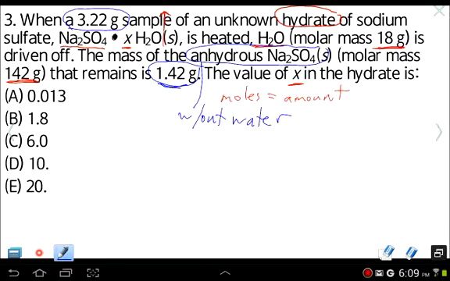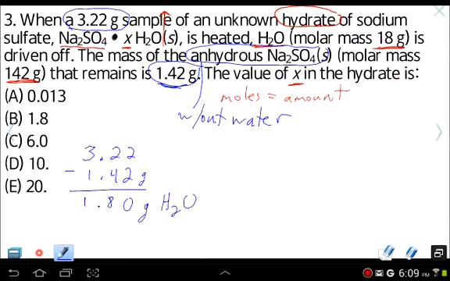So very quickly we can determine how much water was driven off by simple subtraction, and this you'd have to do by hand on the exam, minus 1.42. So we get 12 minus 4 is 8, 1.80 grams of water. Now remember, this 1.42 is the grams of the sodium sulfate, Na2SO4, that's left over. So from these two, they want us to know how many moles of water there are.